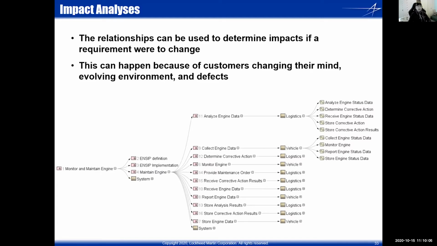And so I need a logistics team to go see if any of the functions are affected by that change. And so they'll go and look, okay, so the logistics is responsible for these functions for that requirement. And you know what, this function right here, this behavior, it was affected and I have to go change it. So being able to draw these relationship maps and follow that traceability can help me figure it out.